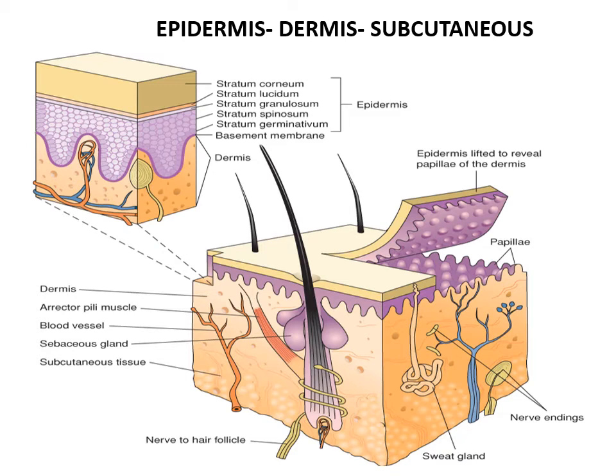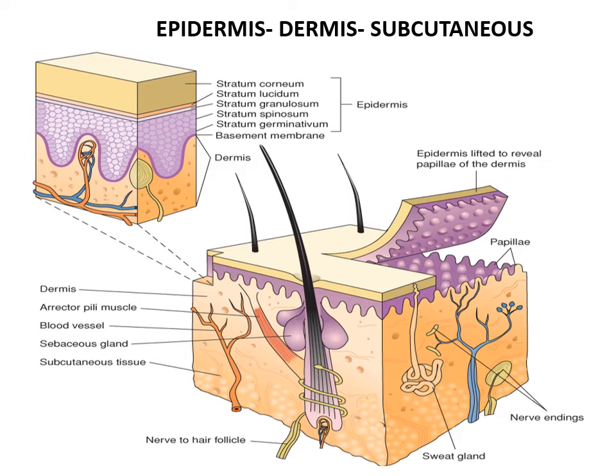Okay? And lastly, remember in the subcutaneous tissue, you also have mast cells and macrophages that are part of your innate immunity. So they're protective cells of the immunity that remain within the skin, waiting for potential injury or infection.